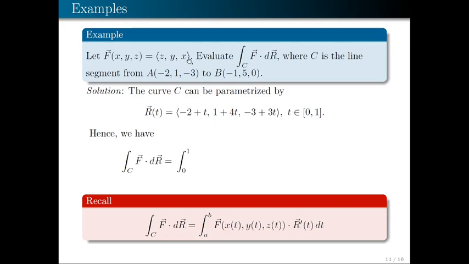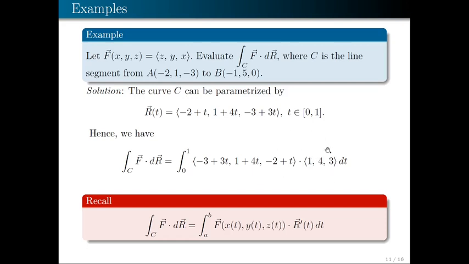Then z will be replaced by negative 3 plus 3t, y will be replaced by 1 plus 4t, and x by negative 2 plus t. Then we have dotted with dr. dr is r prime dt. r prime is simply the vector 1, 4, 3. So 1, 4, 3 dt.